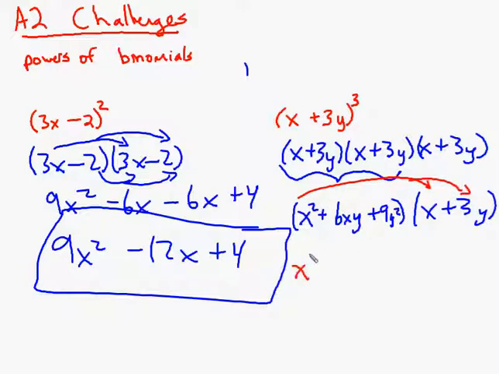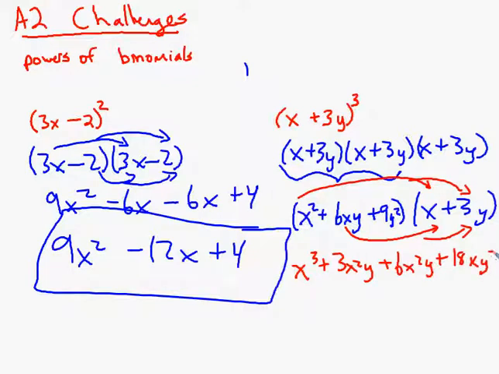So I'll get x cubed plus 3x squared y. This times both of those plus 6x squared y plus 18xy squared. And then finally the 9. So I'll get plus, I'll just go on to the next line, plus 9xy squared plus 27y cubed.